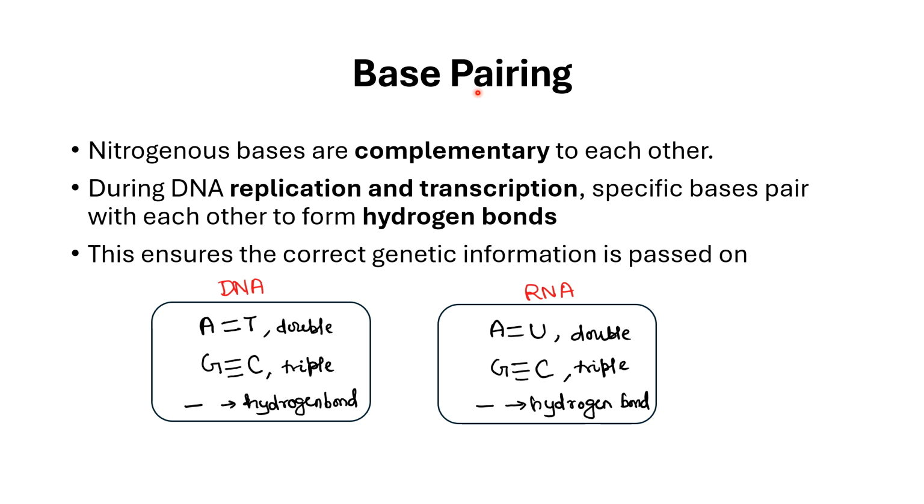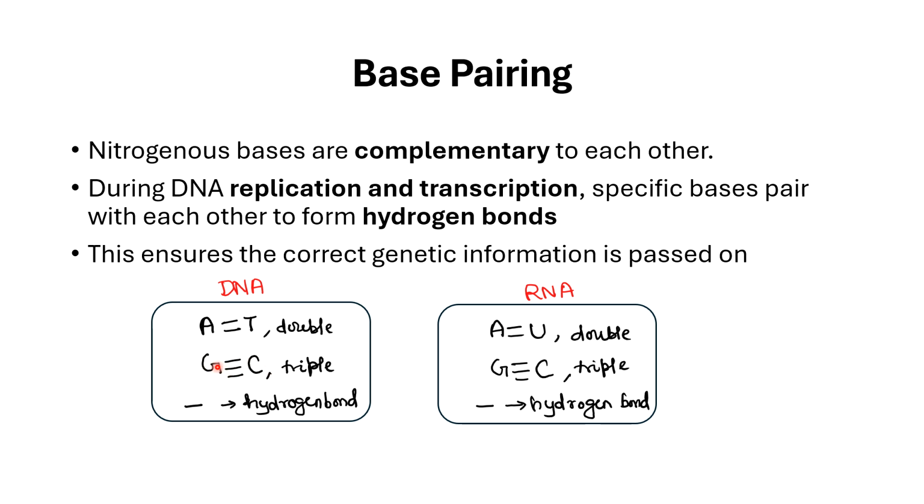Let us now look at the base pairing of the nucleotide bases. Now, the nitrogenous bases are always complementary to each other. What does it mean? It means that in case of DNA, adenine will always form 2 hydrogen bonds with thymine, and for RNA, it will form 2 hydrogen bonds with uracil. So A always combines with T for DNA and A always combines with U for RNA.